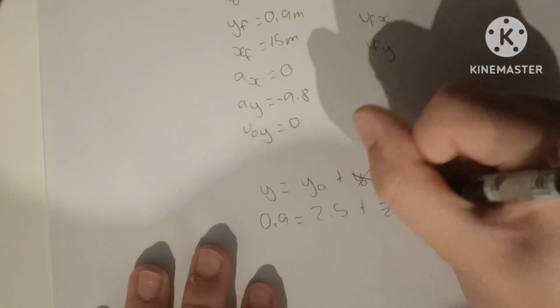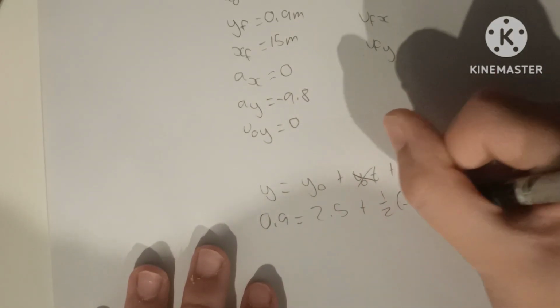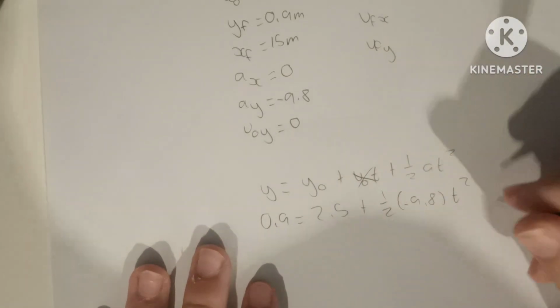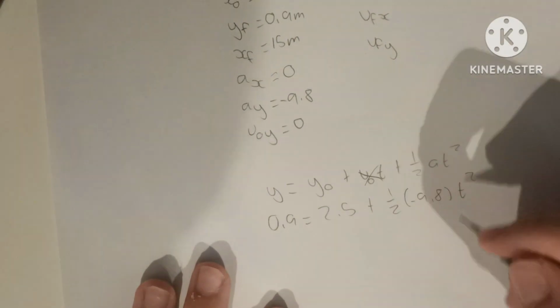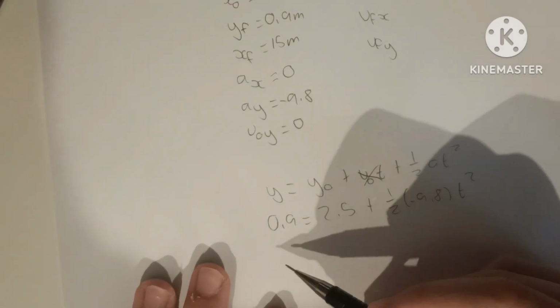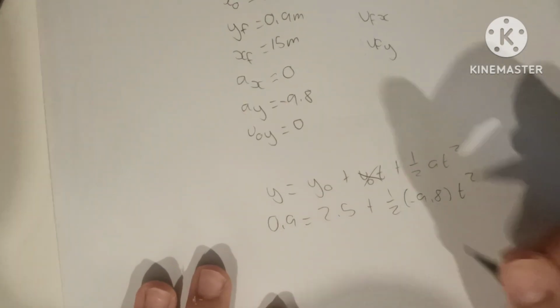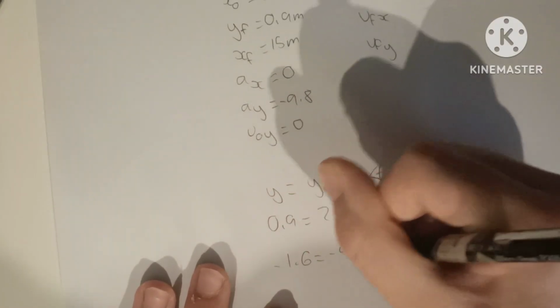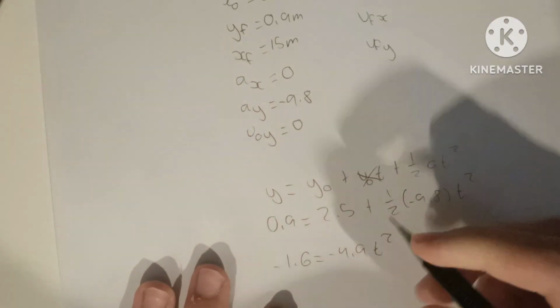Plus 1/2 a is negative 9.8, because it's the acceleration in the y direction, times t squared. So working this out, you can subtract 2.5 from there, expand this. You'll end up with negative 1.6 equals negative 4.9 t squared.